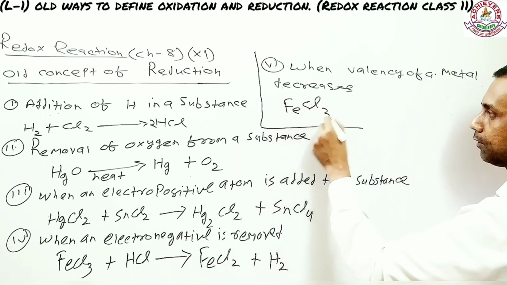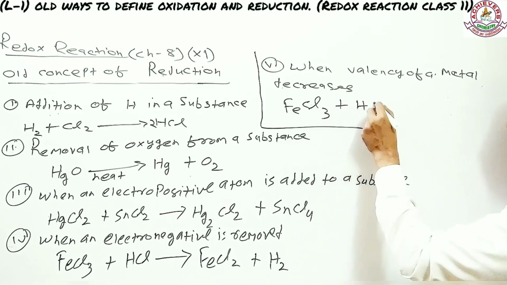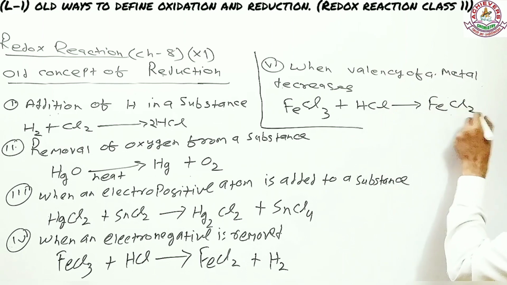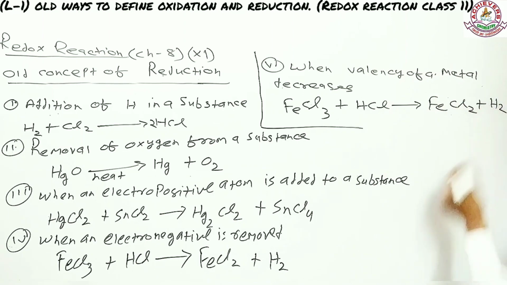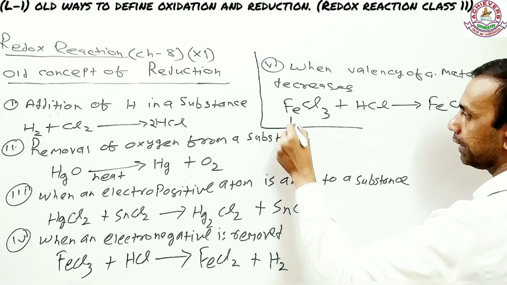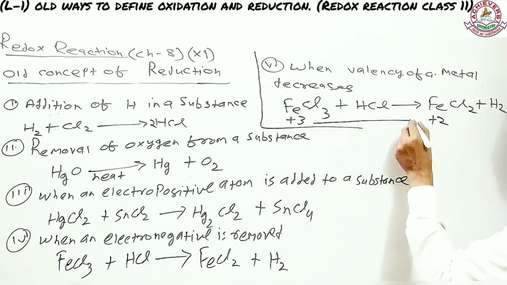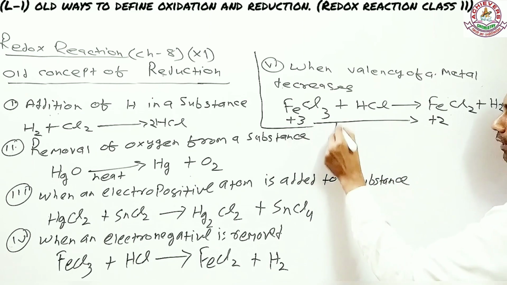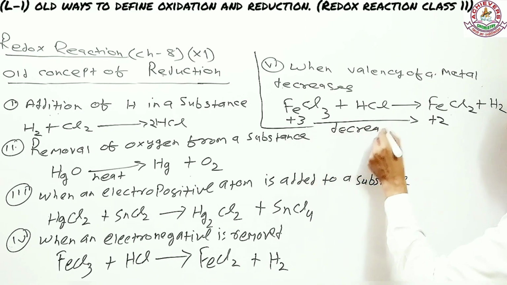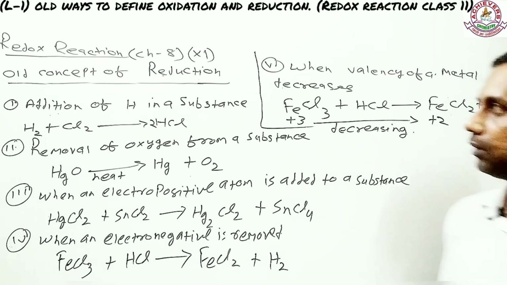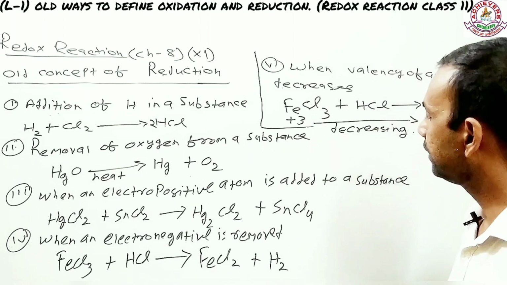FeCl3 when it reacts with HCl, it forms FeCl2 plus H2. So what is happening? The oxidation number here is plus 3, but there it is only plus 2. So basically it's decreasing. So this is how oxidation and reduction on the basis of the older concept can be defined.